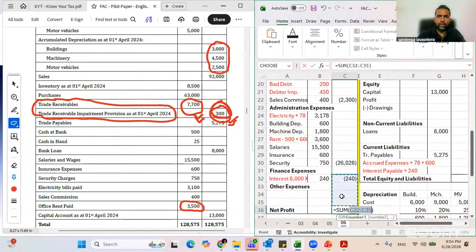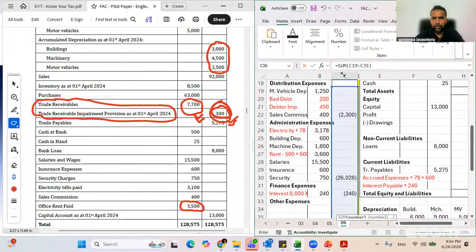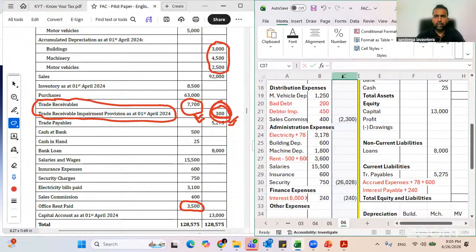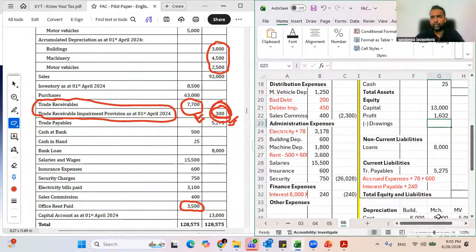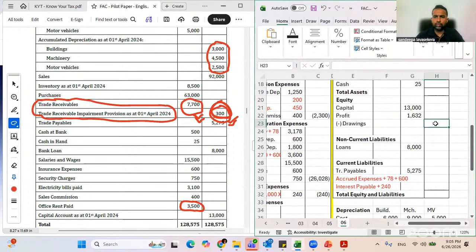Accordingly, the net profit is 1,632. Accrued expenses 678, 240.